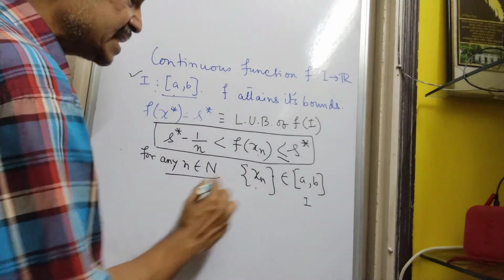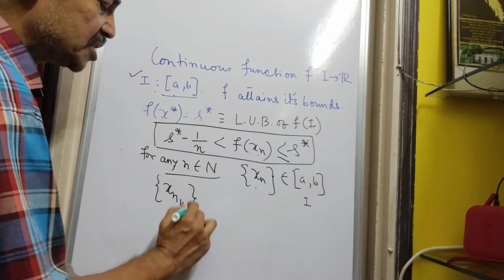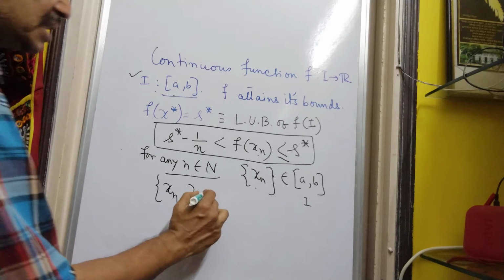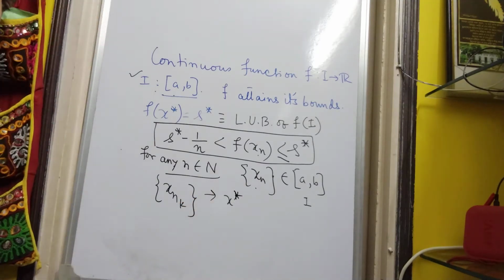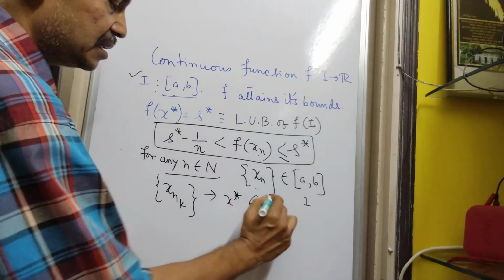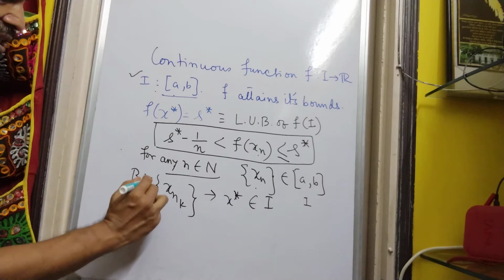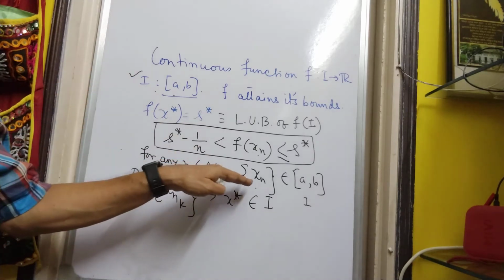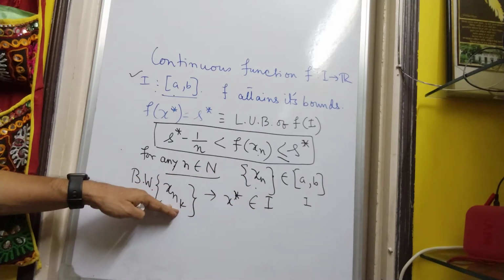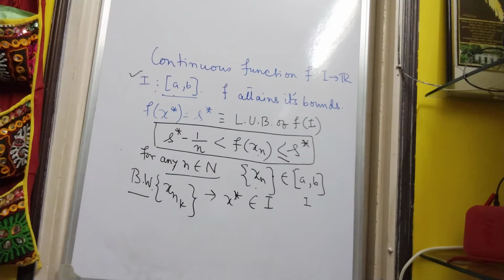So xn has a subsequence xnk which converges to, say, a limit x star, and that must be in I. This is the Bolzano-Weierstrass theorem, isn't it so? This is bounded, this is any sequence, it has a subsequence which converges to a limit, which is a member of this.